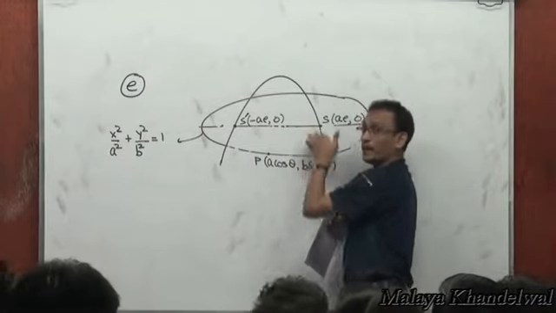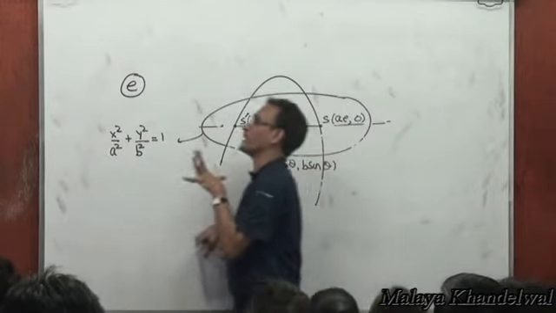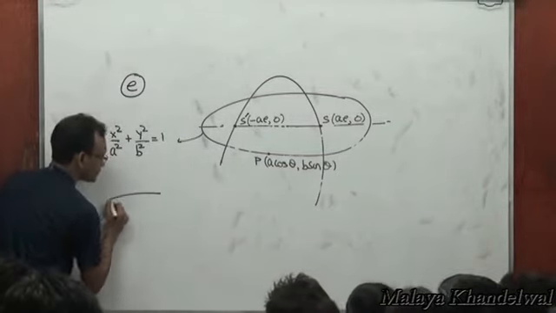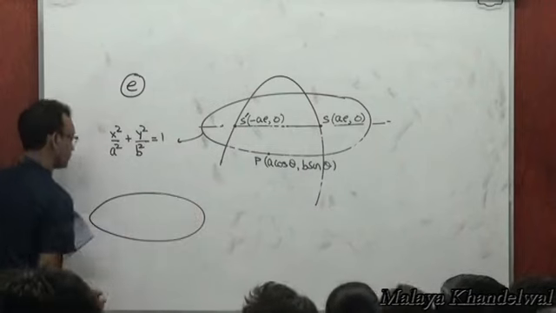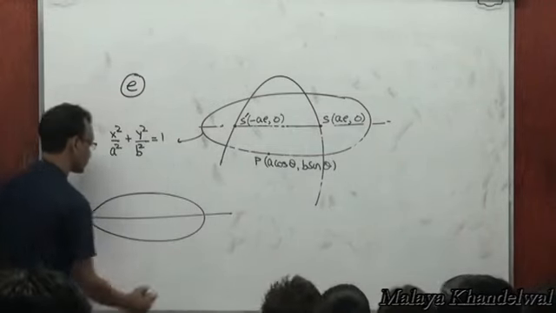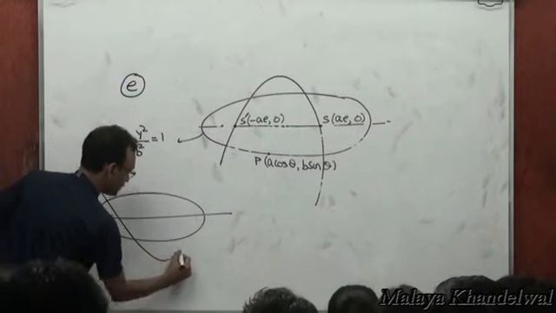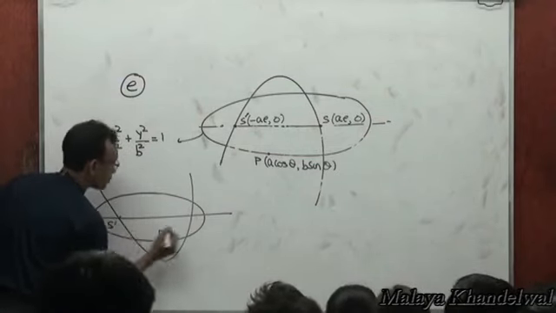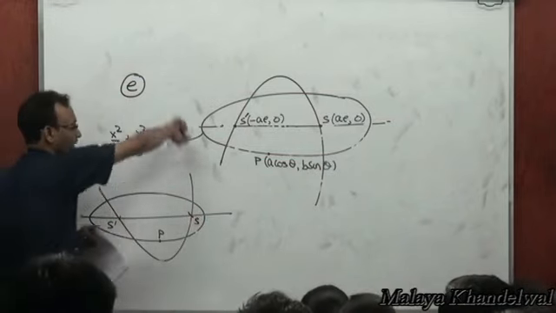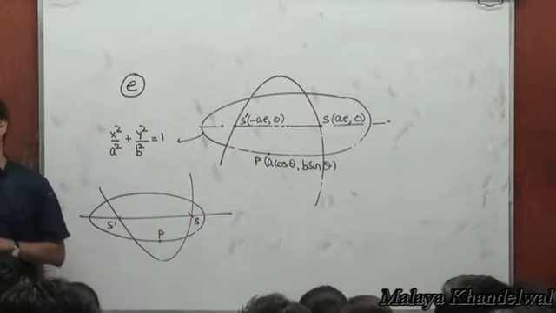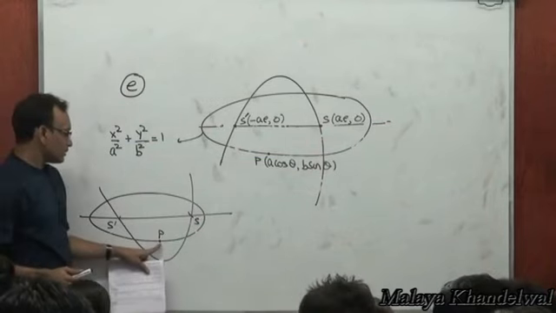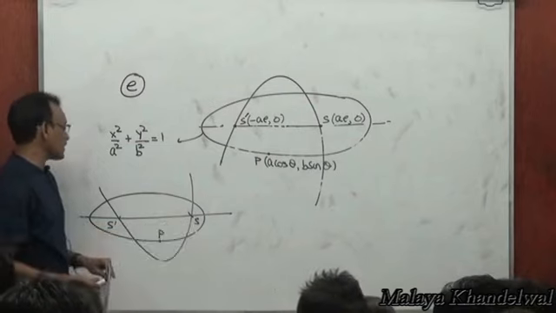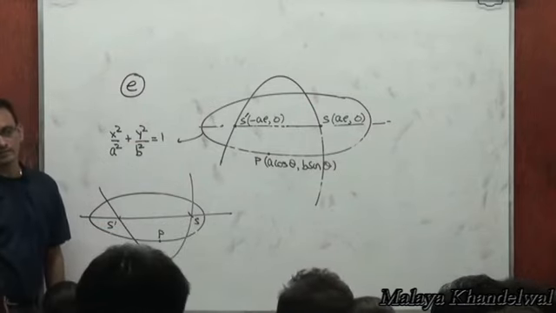Actually, two such parabolas could be drawn. I could have had a parabola like this also, with P being the focus and passing through S prime. There are essentially two orientations of the parabola having their focus at P and passing through the foci of the ellipse.